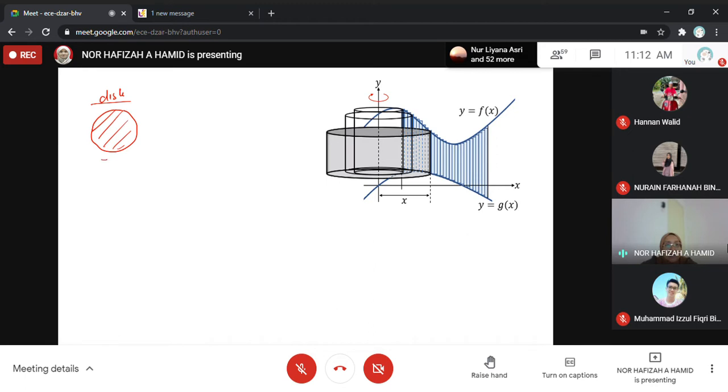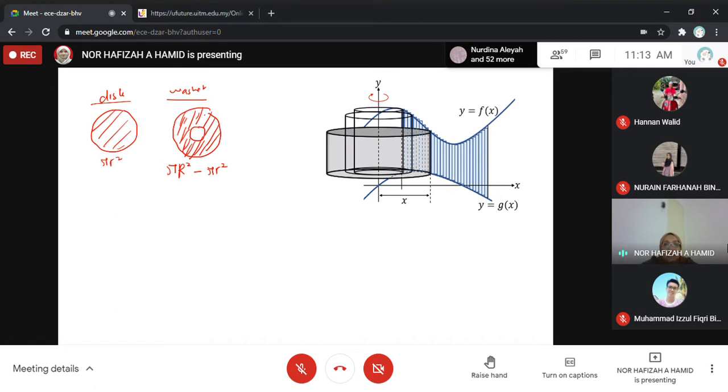So you akan dapat formula pi r square, surface area. Kalau washer, you punya surface area tu is in terms of circle juga, tapi kita ada 2 circle. So nak calculate the shaded region is the outer circle minus the inner circle. So you akan dapat yang in between ni. Okay, so ni untuk disc and washer.